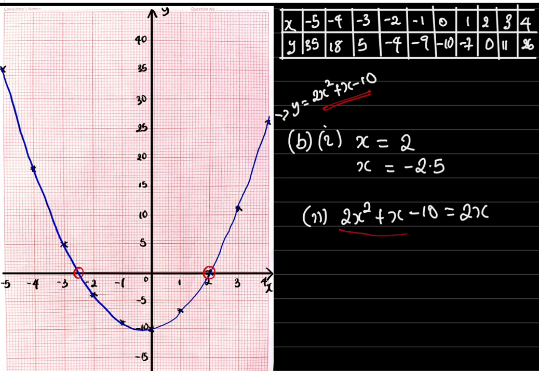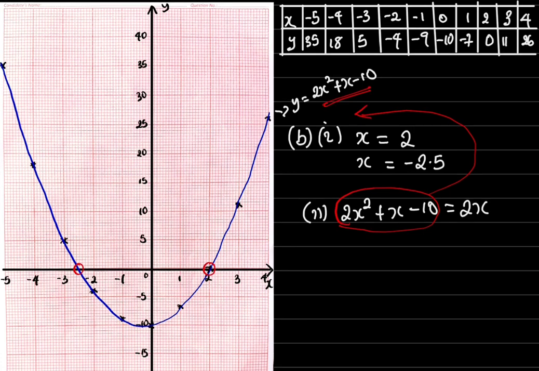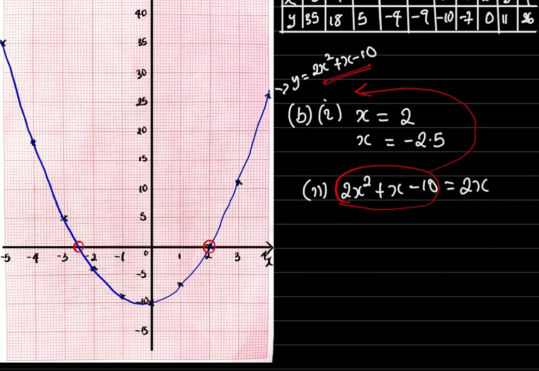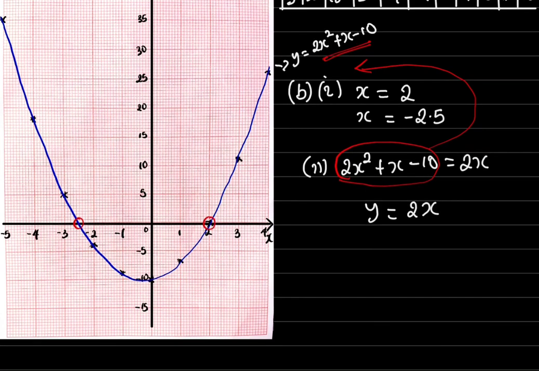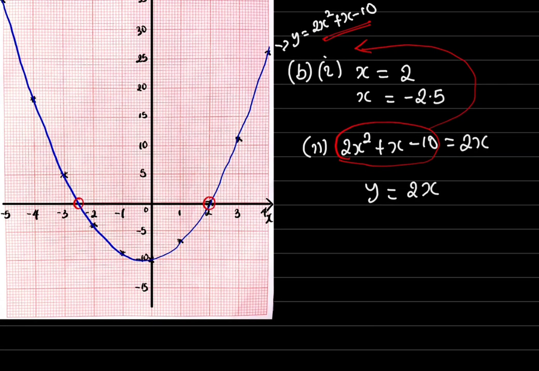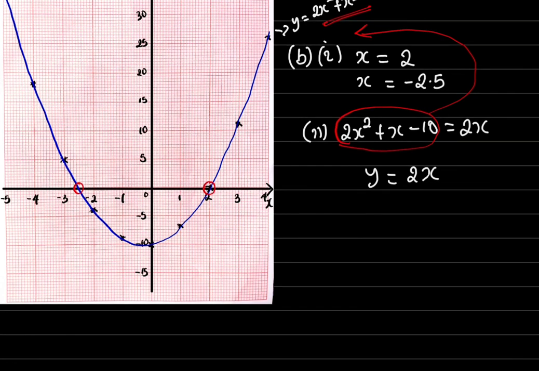Quickly, if you check this, it is the same thing as our y. So hence, what they're telling you here is y is equal to 2x. So this is a linear equation, so we are going to have a linear graph.